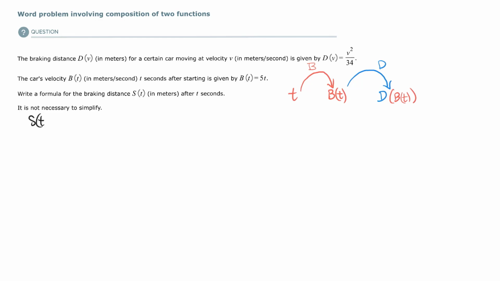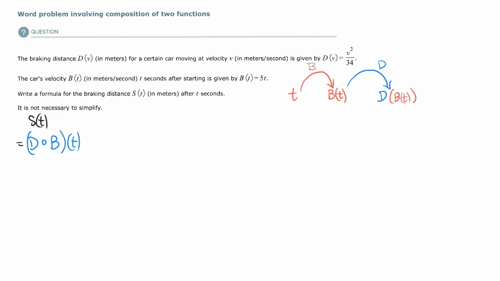S of t is going to be defined as the composition d composed with b of t. There we go. Let's substitute.